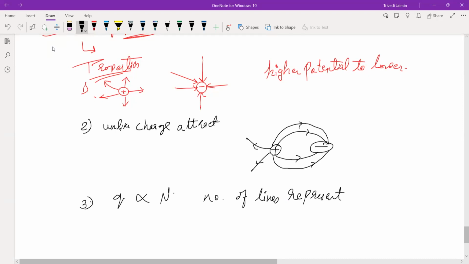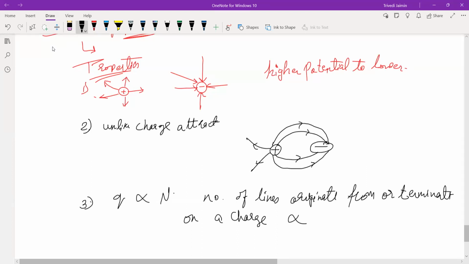We can say the number of lines originate from positive or terminate at the negative, positive and negative, they are proportional to the magnitude.